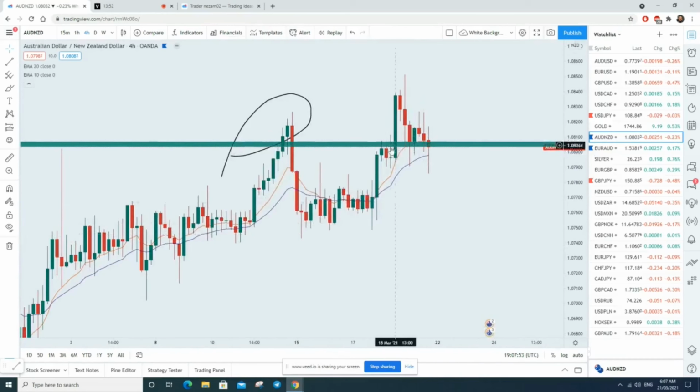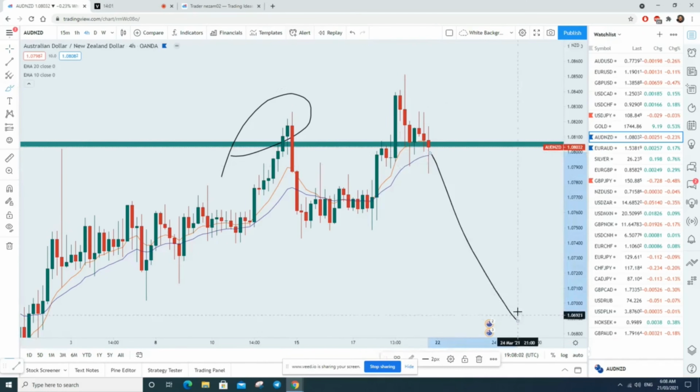Now, this time finally it has broken. Now, in trading, nothing is 100%, the price still can come back down below. But in most cases, what will happen is that this price will hold, because what was our condition? When there is a breakout, the candle needs to close up.